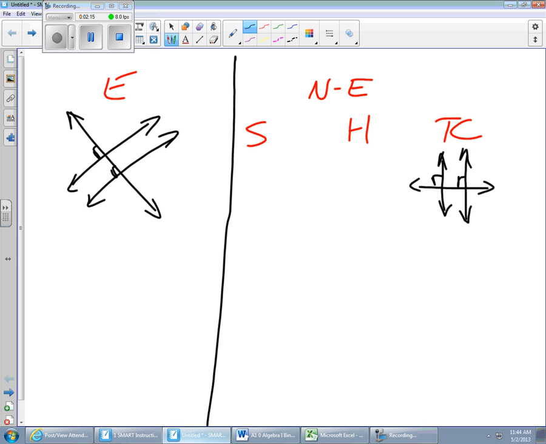Spherical and hyperbolic geometry did a few things to our idea of what we think of as parallel. Spherical geometry caused our lines to bend in toward each other. That's not typically what we think of as parallel, but there is a location where they are exactly parallel by Euclid's definition.